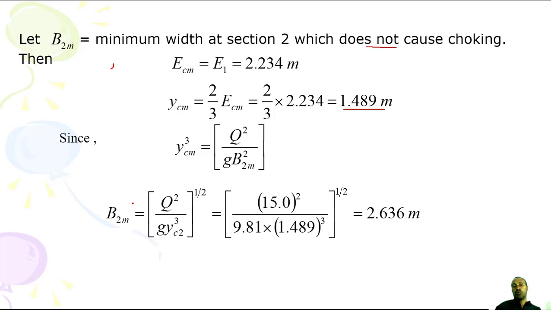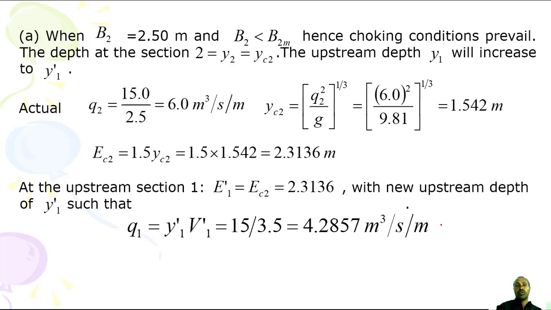Then you have to compute, using this equation, the minimum width at section 2, which does not cause choking. This is the minimum width, which is 2.36 meter, but we have provided 2.5. So when B2, which is 2.5, is smaller than the minimum available, hence choking will prevail.